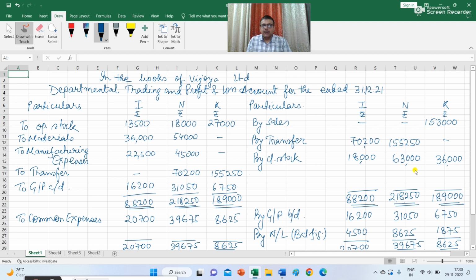So the closing stock of Department N, that is 63,000, includes two parts: the value of goods purchased from outside and the goods transferred from Department I.